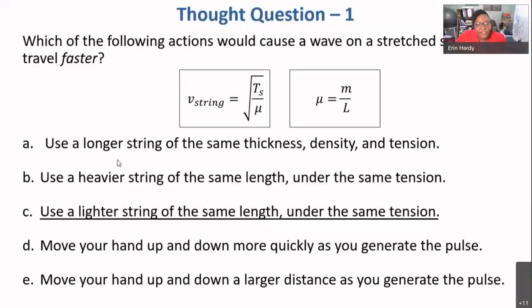If you used a heavier string of the same length, that would have exactly the same results as what we saw in case A. But if you had a lighter string of the same length, this is going to cause your linear density to get smaller. And since it's in the denominator, that would result in a greater wave speed.